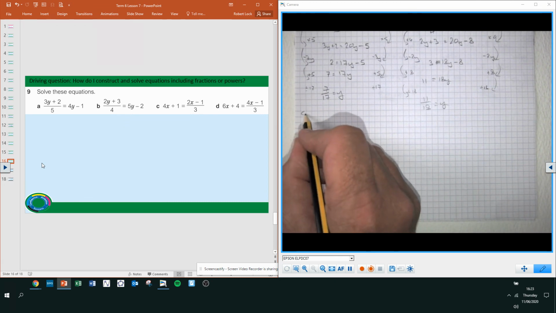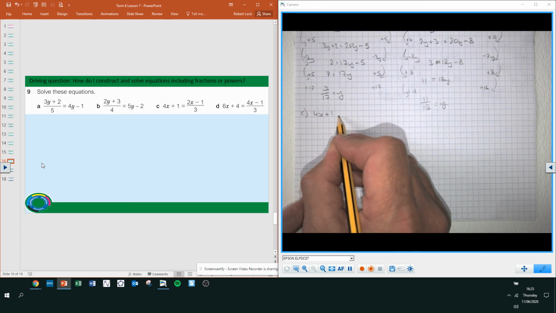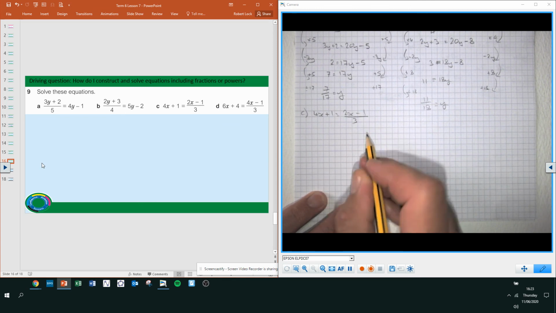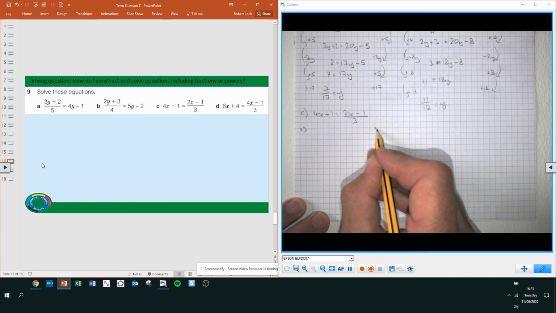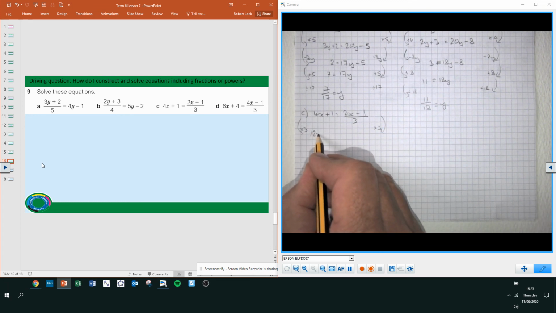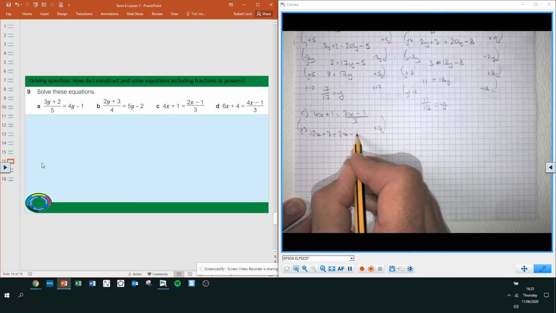Question C. 4x plus 1 equals 2x minus 1 all over 3. To get rid of the divide by 3, we need to times everything by 3. 4 times 3 is 12x. 1 times 3 is 3 equals 2x minus 1.